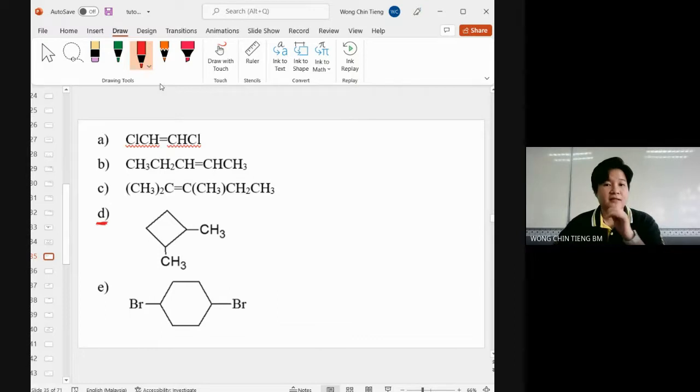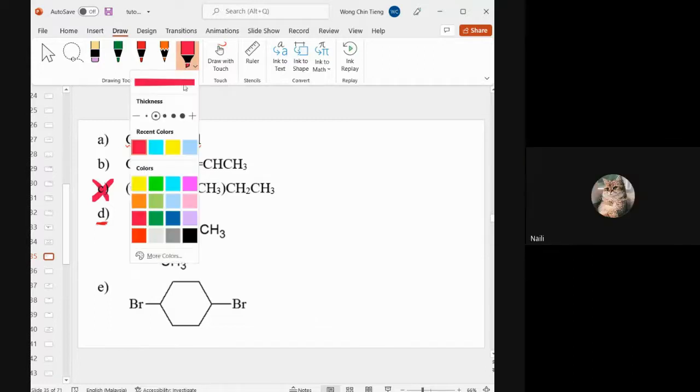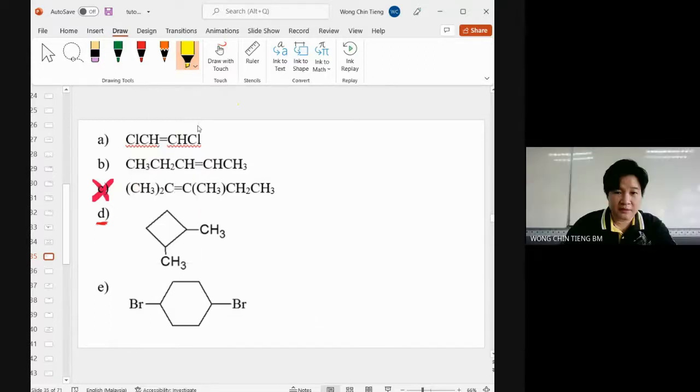Kat sini ada orang yang tak boleh cis-trans. Siapa yang tak boleh cis-trans? Yang C. Yang C tak boleh cis-trans, Batrisha. Kenapa C tak boleh cis-trans?